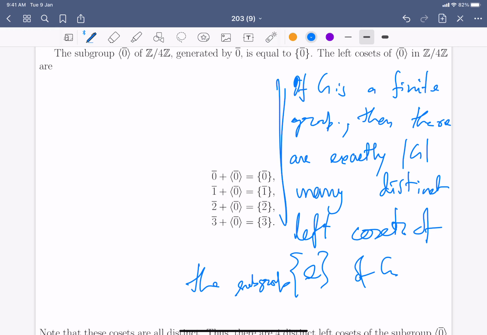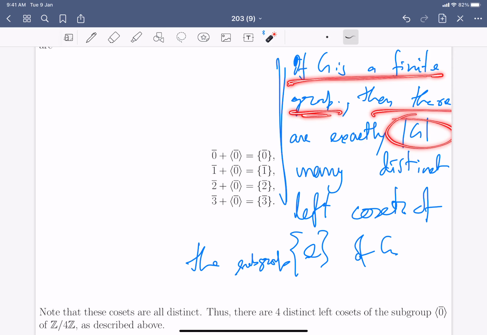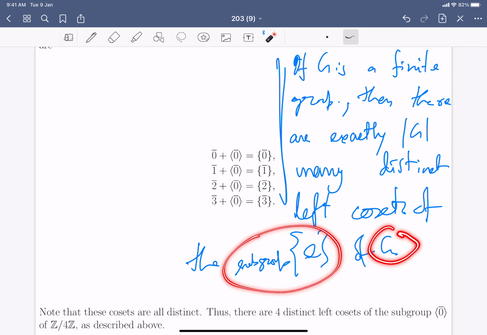I'm sorry for this bad handwriting, but I hope this is understandable when I'm reading it out. So if G is a finite group, then there are exactly size of G many distinct left cosets of the subgroup consisting of the identity element.